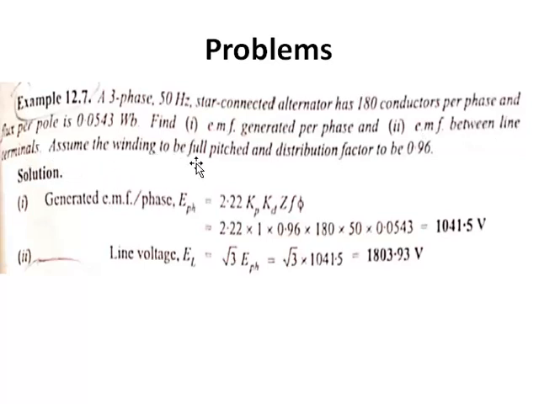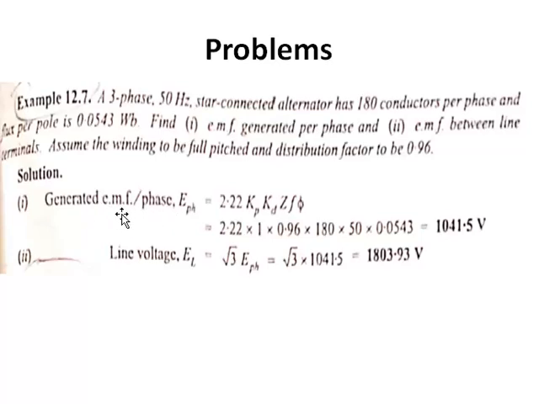Assume the winding to be full pitched and distribution factor to be 0.96. What is winding to be full pitched? So we know the pitch factor, that is Kp. Whenever the winding is full pitched, Kp is equal to 1, and the distribution factor Kd is equal to 0.96, and we know the equation of the EMF per phase.